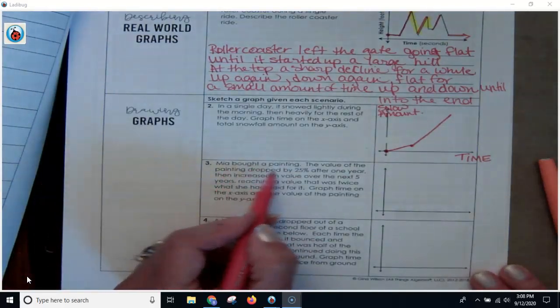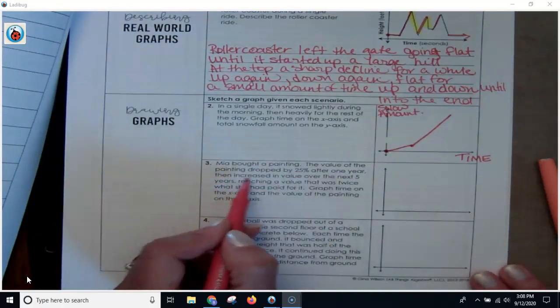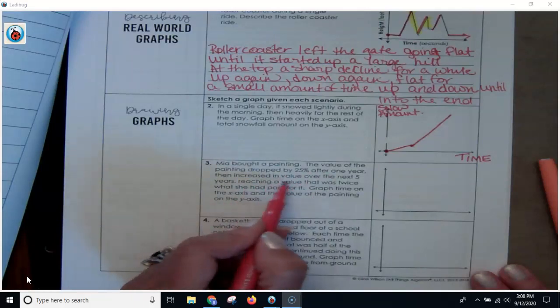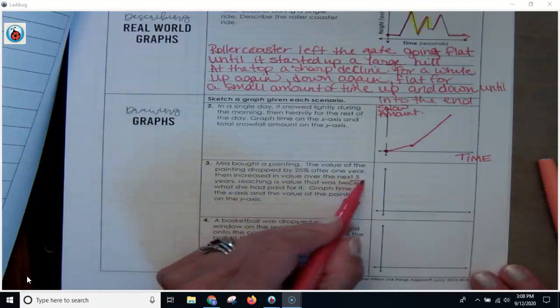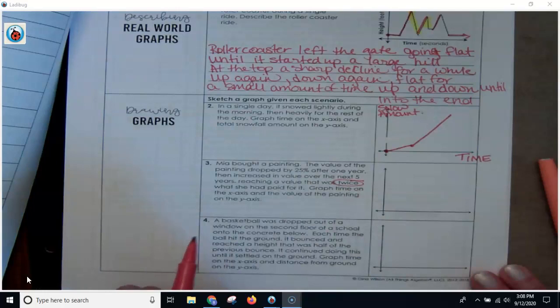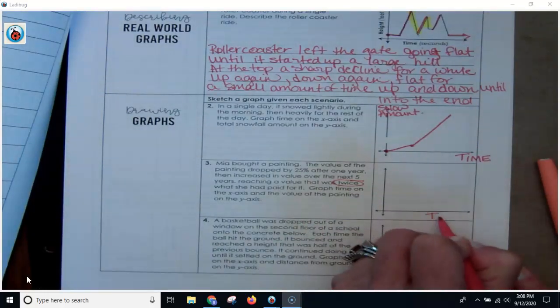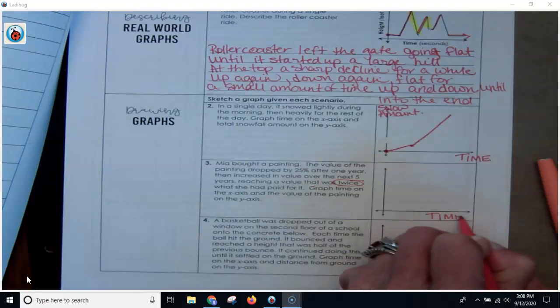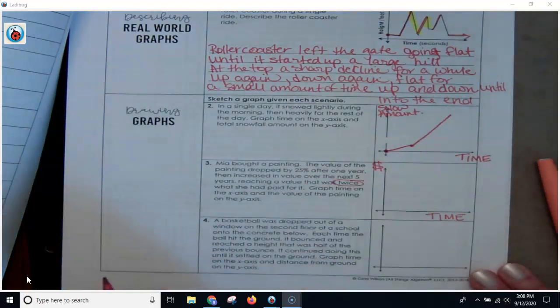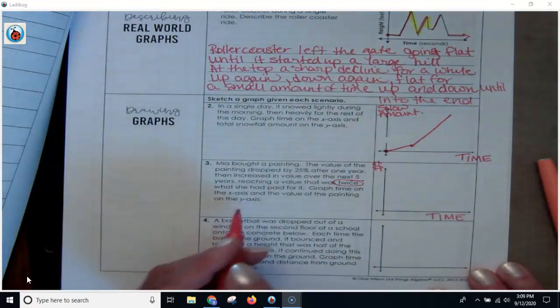What about this? Mia bought a painting. The value of the painting dropped by 25% after 1 year. The increase in value over the next 5 years, reaching a value that was twice what she had paid for it. If your x-axis is time and dollars or value is on your y-axis, what does that look like?